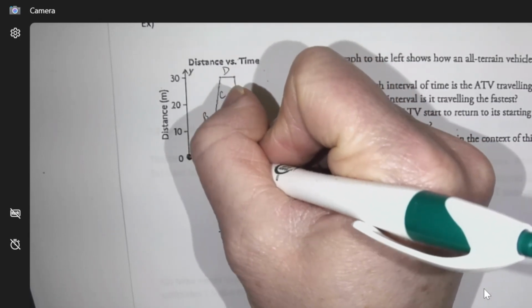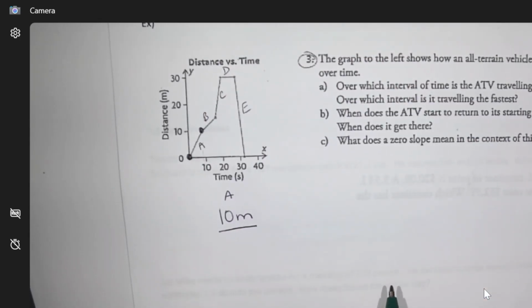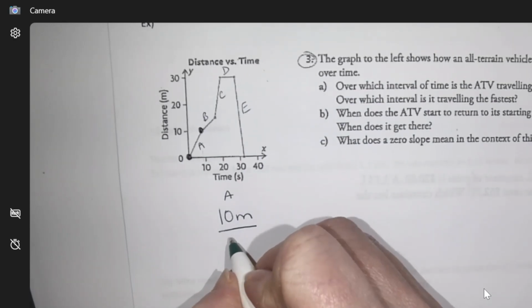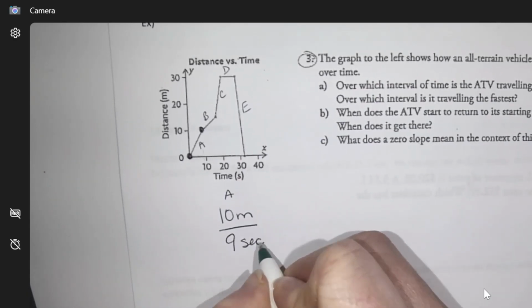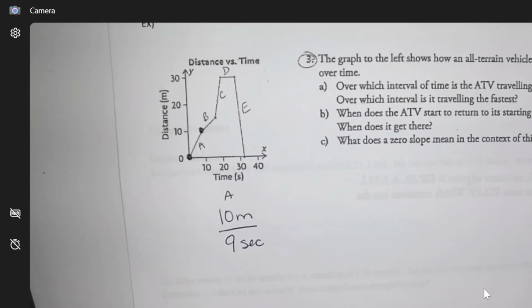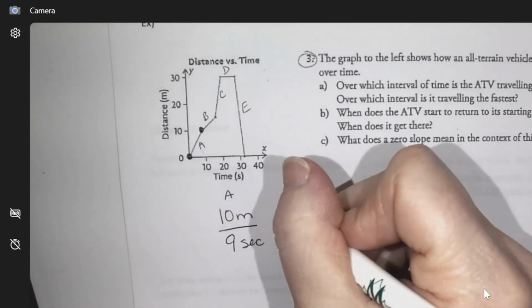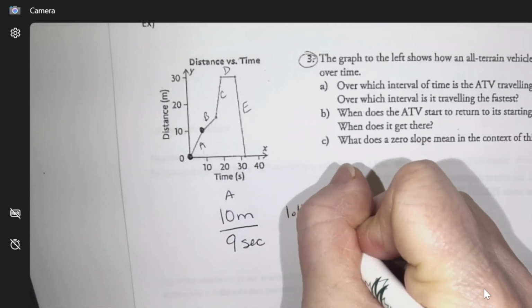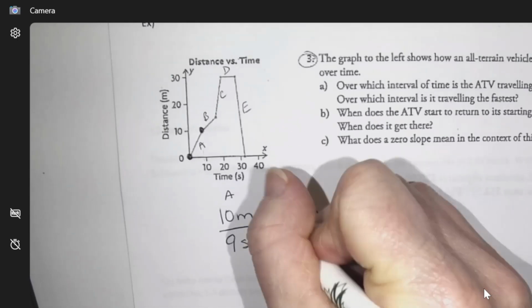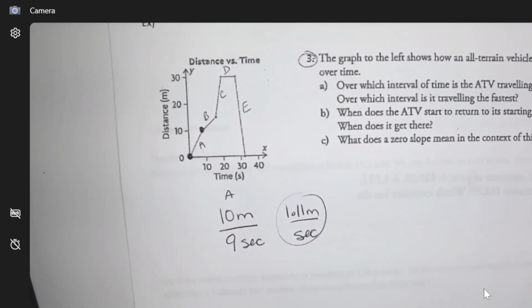I don't know. I don't think we're lined up with 10. What do you guys think? 9? So I have moved 10 meters over a span of 9 seconds. So my unit rate is a velocity, that's a speed, 1.11 meters per second.